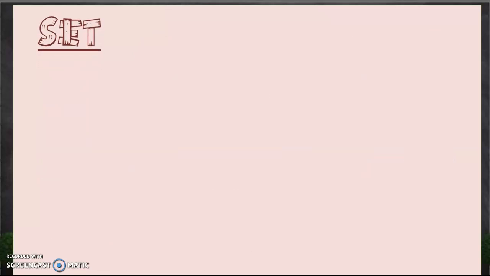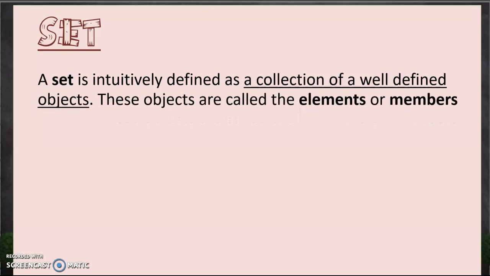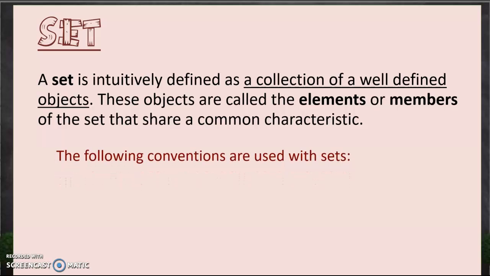So, set. A set is intuitively defined as a collection of well-defined objects. These objects are called the elements or members of the set that share a common characteristic. So the following conventions are used with sets.